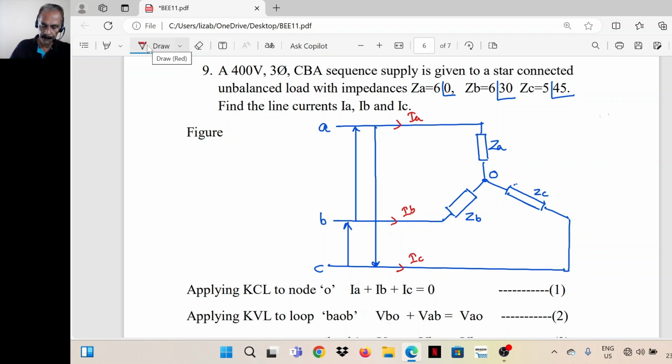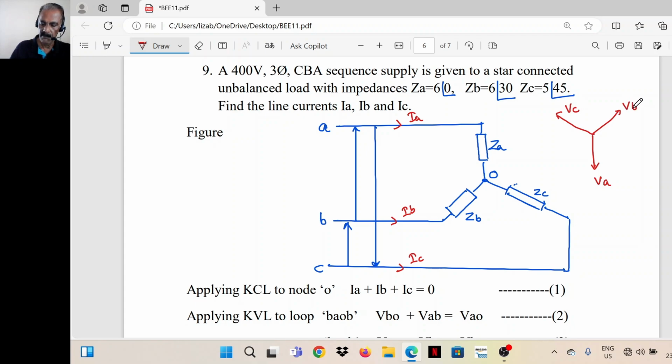Now, let's take the phase voltages. VA. Normally, these phases you can take in any random direction. I've taken VA here. So positive sequence means this should be VB. Now this is negative sequence, so it is VC.